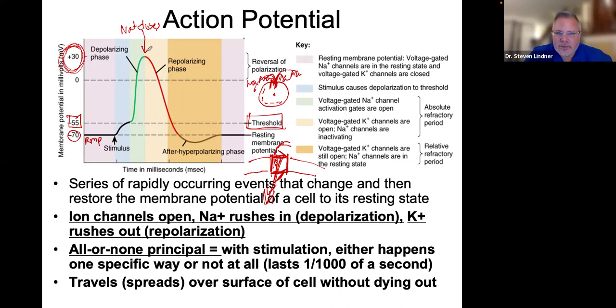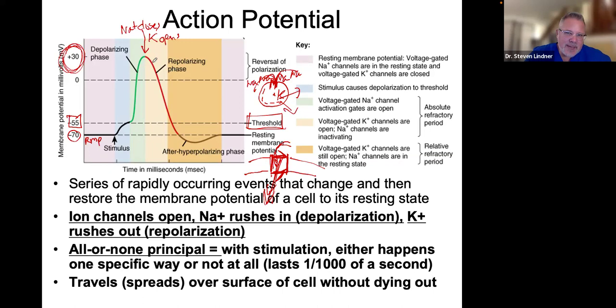Now, once the sodium channels close, then our potassium channel opens. And when the potassium channel opens, what you get is potassium going outside from intracellular to extracellular.